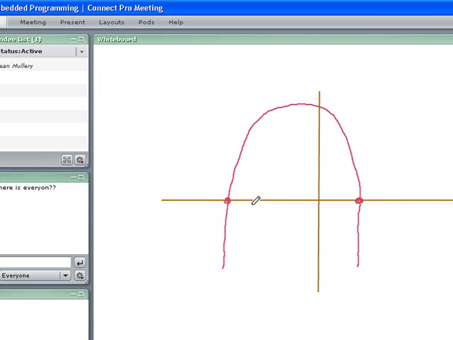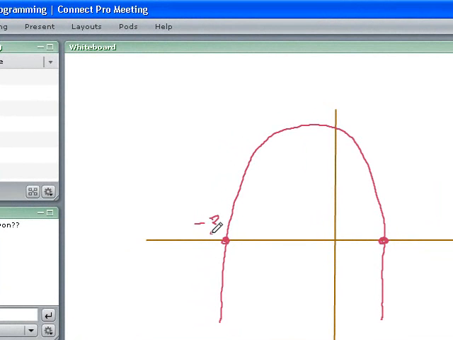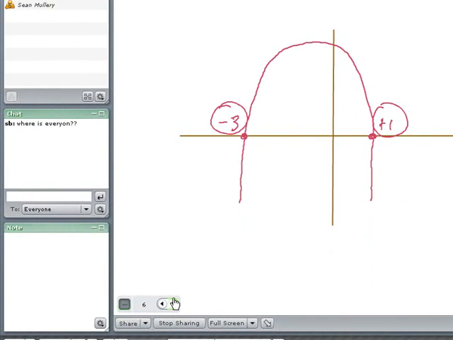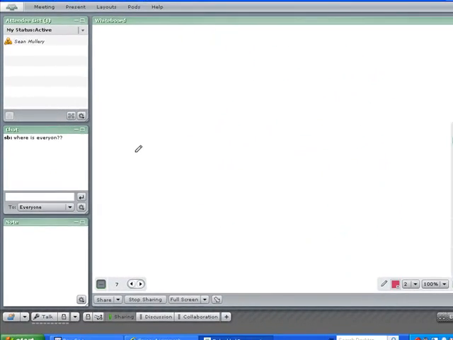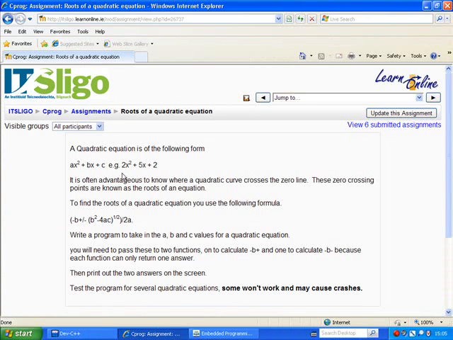So when you get a value, you might get a value of something like minus 3 here and plus 1 here, and they would be known as the roots of the equation. We can calculate that straight from the formula that we're given there. So I think the example, just to look at it again, is 2x squared plus 5x plus 2.